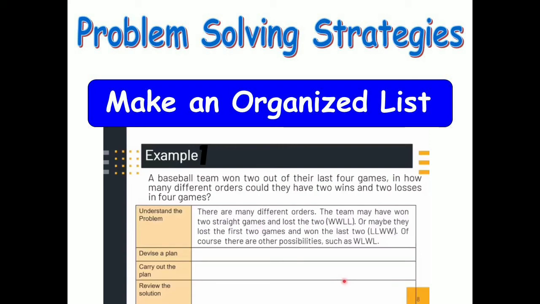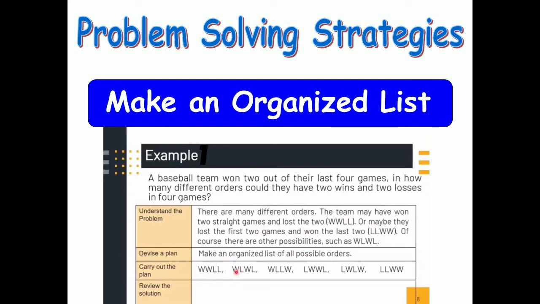The next step of the strategy is devise a plan. Anong strategy ang gagawin natin dito para ma-solve natin ang problem? We can use make an organized list of all possible orders. So, you can list the possible orders. Maybe the team, yung unang dalawang game nila ay panalo sila, then sa next game nila ay talo sila.